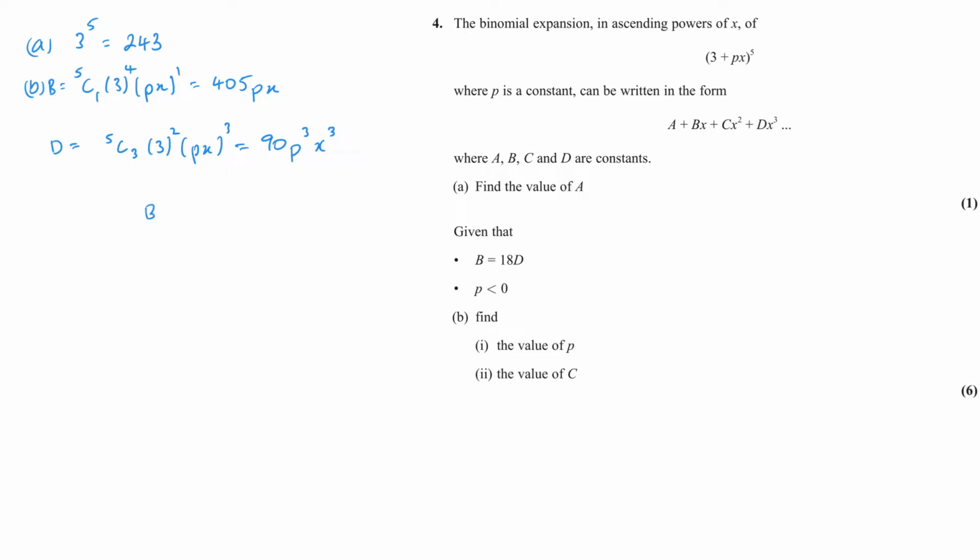Okay, and b equals 18d, so 405 px equals 18 lots of 90 p cubed x. Hang on a second. It won't be with the x's.